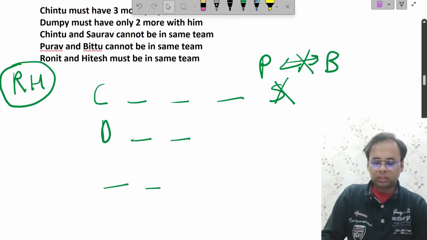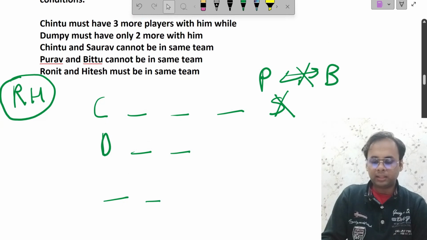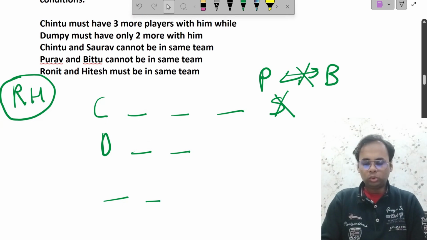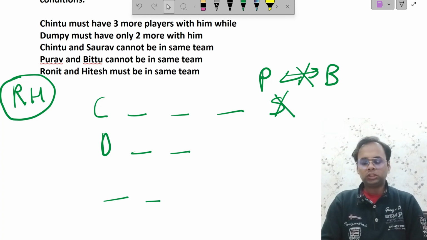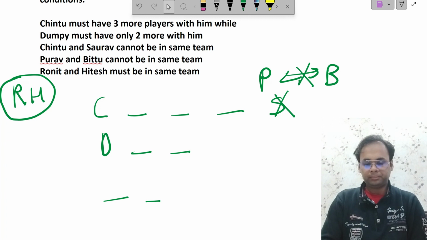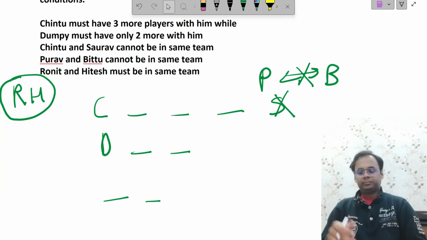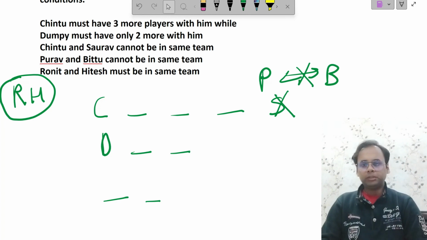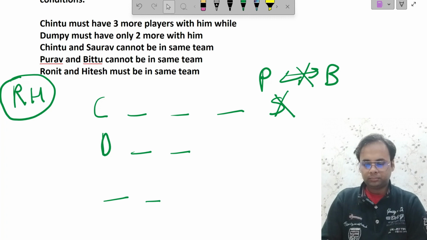So what can be the conditions? Only this much is given and then the sub questions start. So how to solve it now? These much are the conditions which we have plotted on the paper. How far can we go? There can be certain cases.